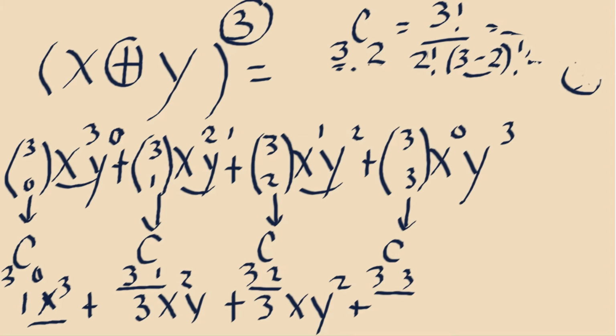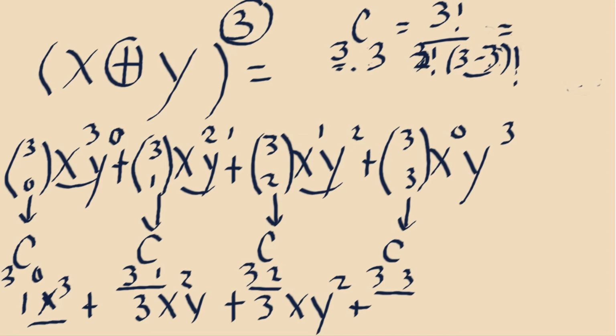Okay, so what is combination of 3 taken 3? Let me change this number now to 3. Okay, so this 2 is now going to be a 3. Combination of 3 taken 3 is going to be 3 factorial over 3 factorial times 3 minus 3 factorial.